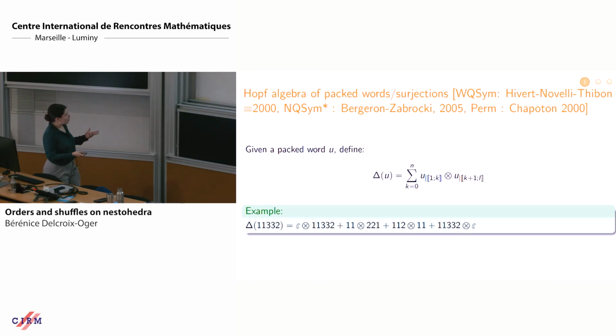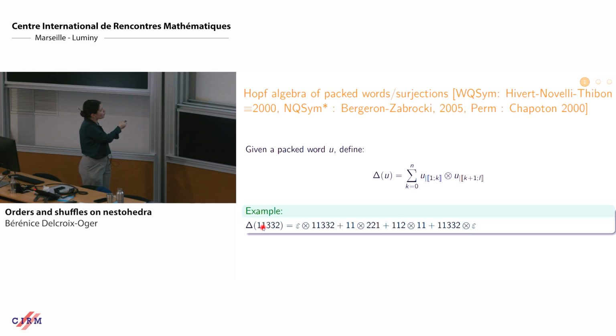And what about the coproducts? The coproducts are obtained by just looking at the subword induced by the k first letters and the subword induced by the other letters. So for instance, here, 1, 1, 3, 2, you can consider no letters. This gives the first term.